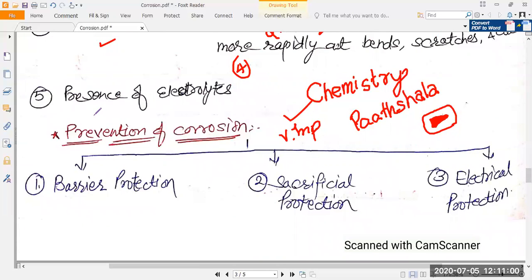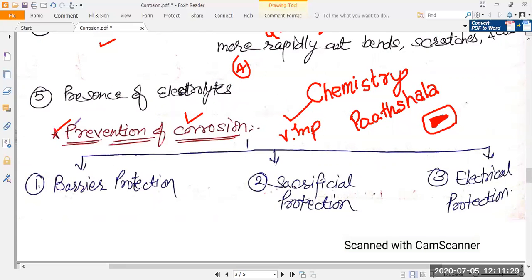Because corrosion is very harmful for iron articles, and many bridges and many poles may collapse due to corrosion. The strength of the iron articles becomes very weak, and they can collapse anytime if corrosion or rust takes place on their surface. So we have to prevent the corrosion or rusting of iron.